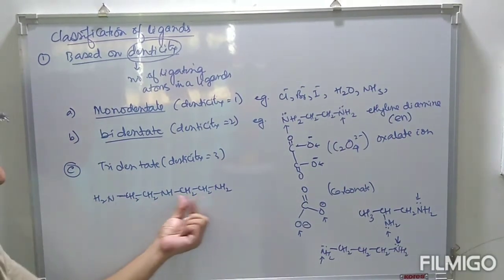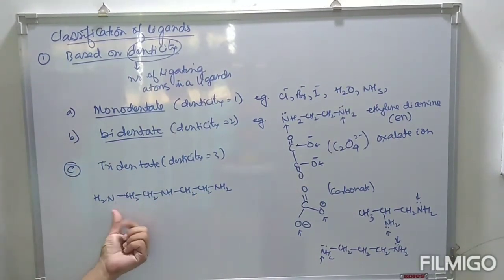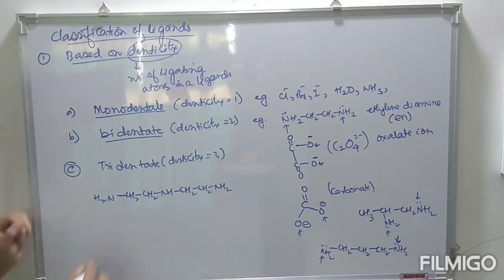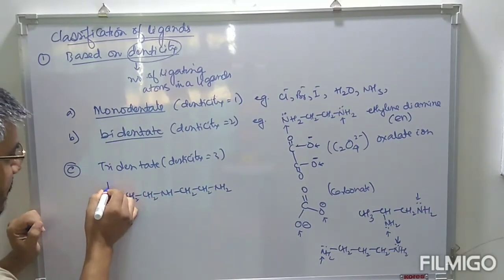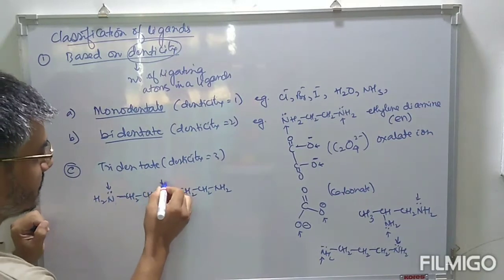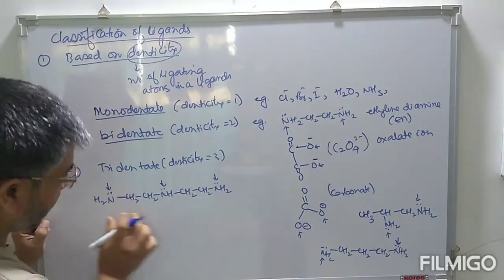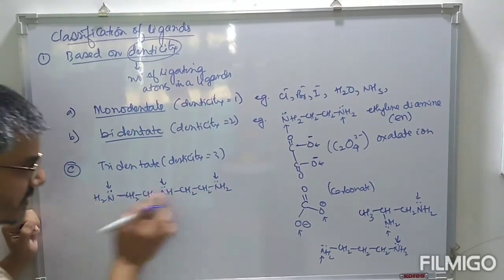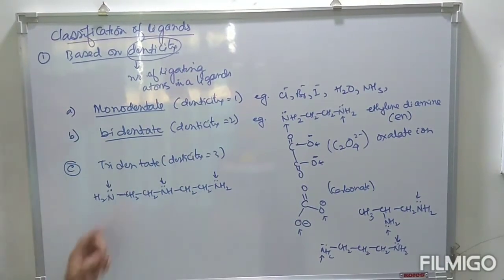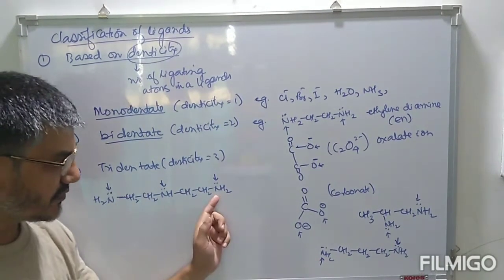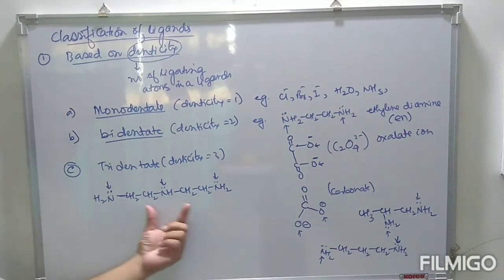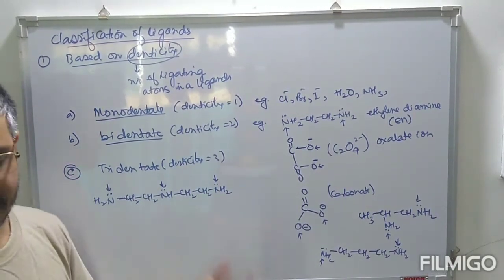You have 2 ethylene groups with 3 nitrogen groups. Now look at this. Each nitrogen has a pair of electrons. So we have one ligand, and there are 3 atoms through which bonds can be formed with the central atom. So we say this is known as tridentate.